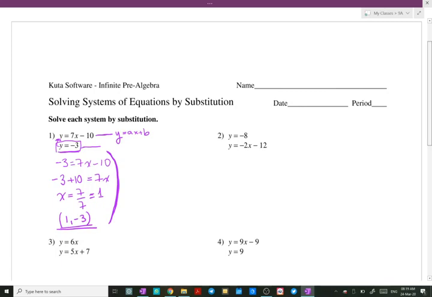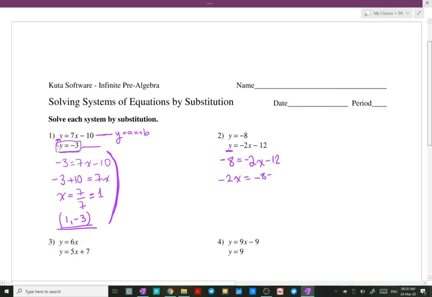In number 2, we have y equals minus 8. So replace minus 8 in the second equation. So minus 8 is equal to minus 2x minus 12. X is on one side, numbers on the other. While you're moving the numbers, you have to change their sign.